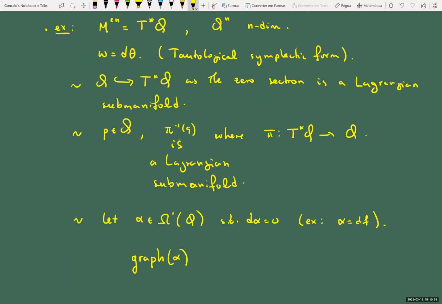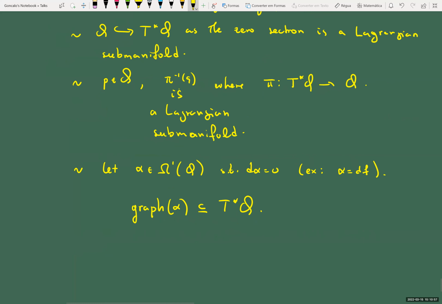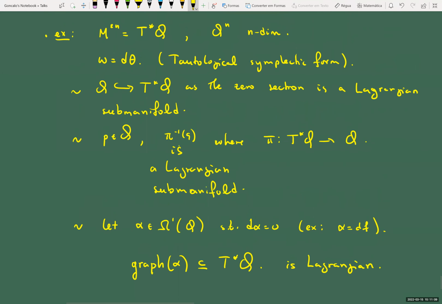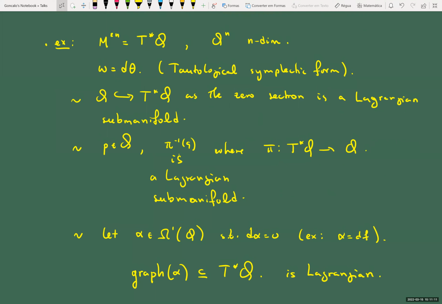So that's a submanifold of T star Q. And the condition that it is closed is equivalent to this being Lagrangian. Okay, so these are three examples of Lagrangian submanifolds of the cotangent bundle.